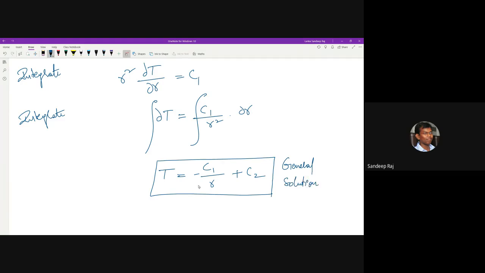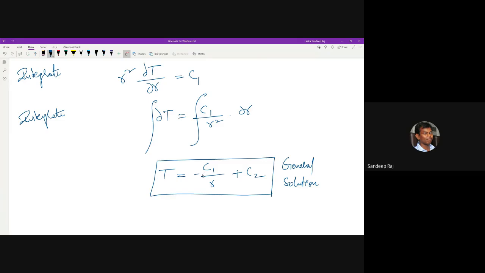Now that you got your general solution, you have to apply the appropriate boundary conditions. When you apply the boundary conditions, the arbitrary constants C1 and C2 will be removed from this equation.